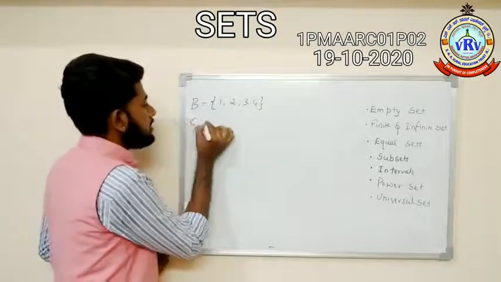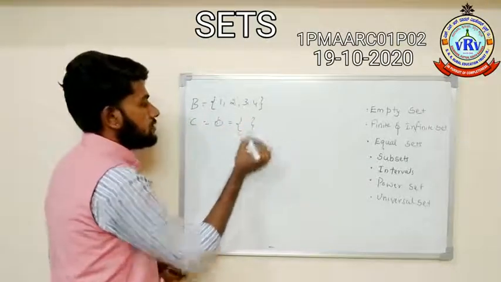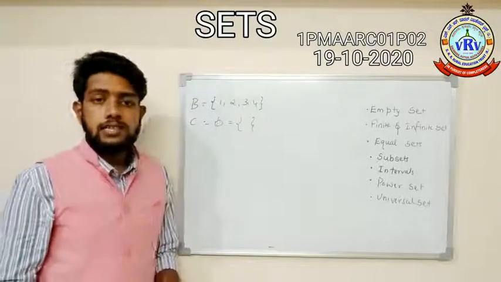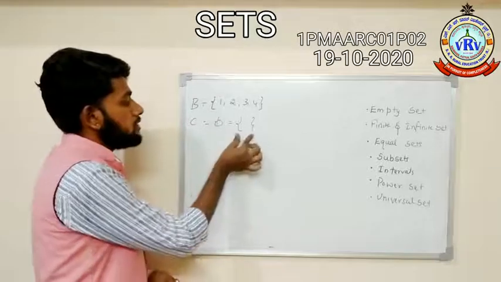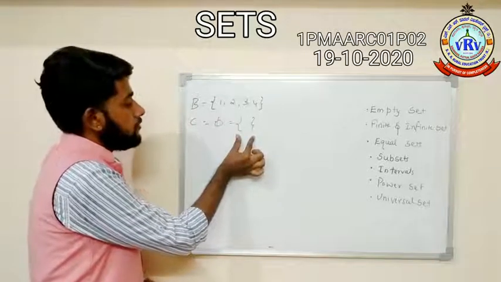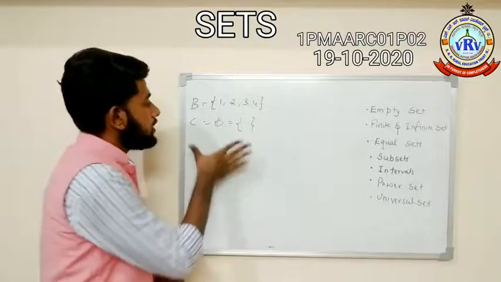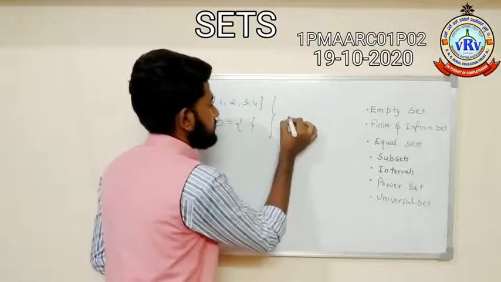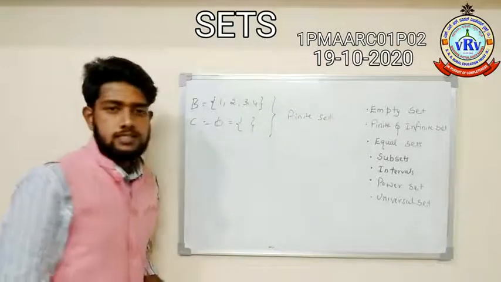If a set is an empty set, which we also call a null set, there is no element inside the set, and then also we can consider this set as a finite set.